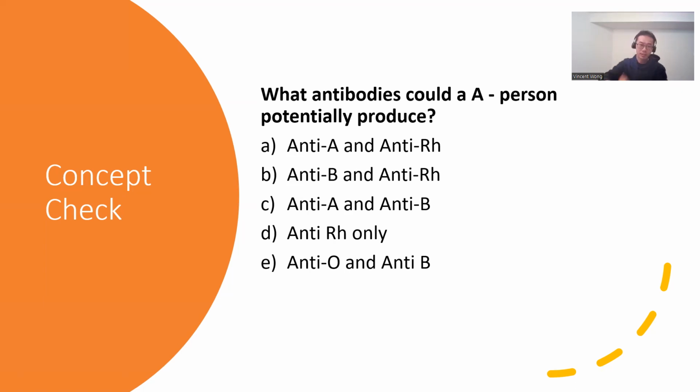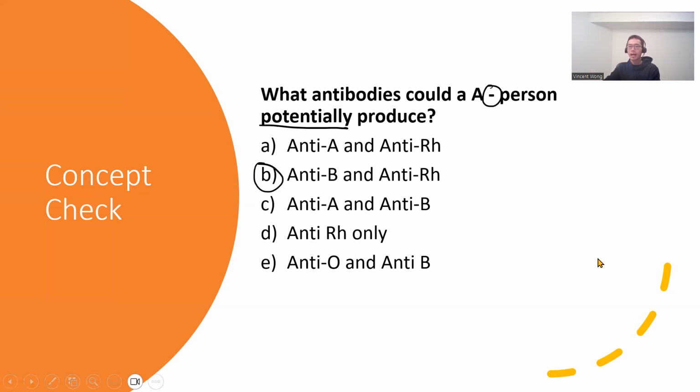Answer B. All right. Okay, good. And a person will make anti-B. That's easy to understand. We wrote it in the chart. And if you are negative, you can potentially produce Rh antibodies as well, right? Because if you're sensitized, then you will make Rh.